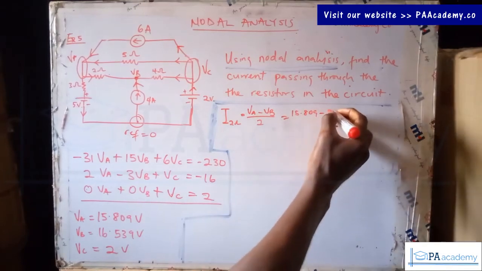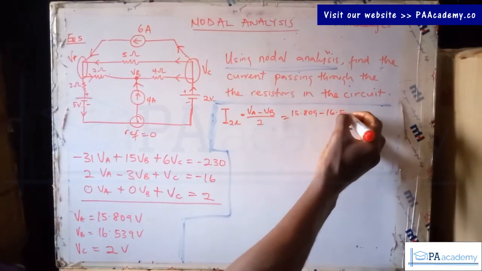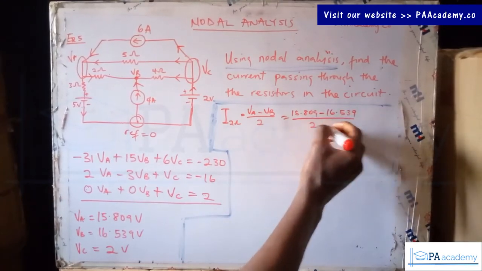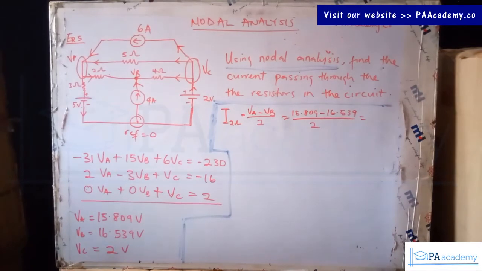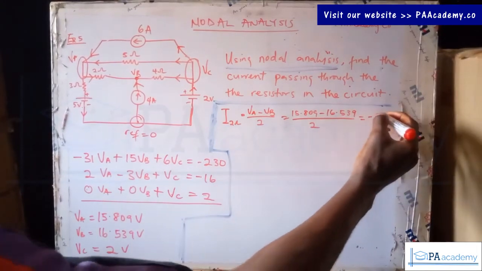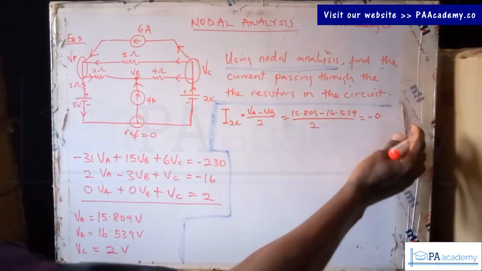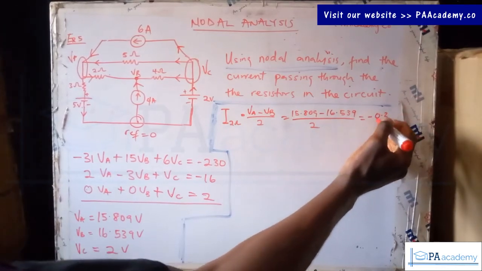So that will be 15.809 minus 16.539, then divided by 2. So let's see what that will give us. That will give us minus 0.365.